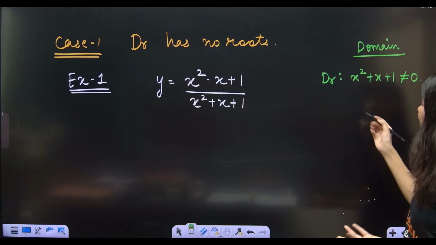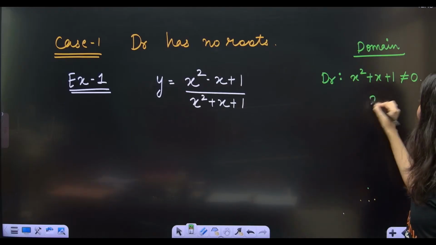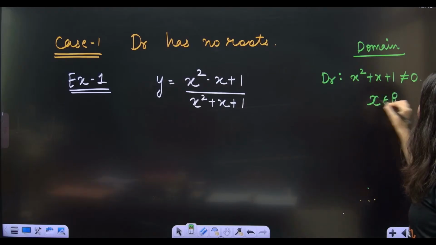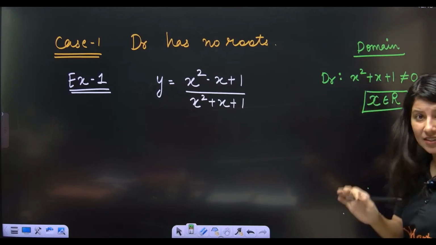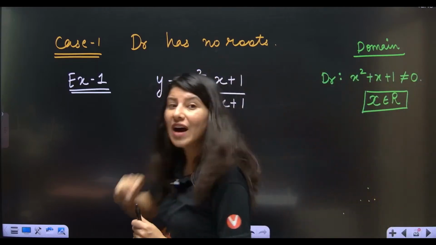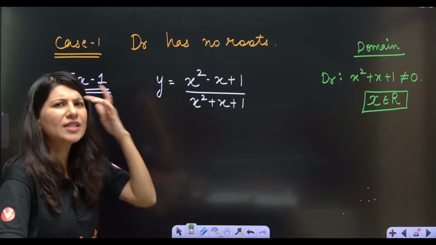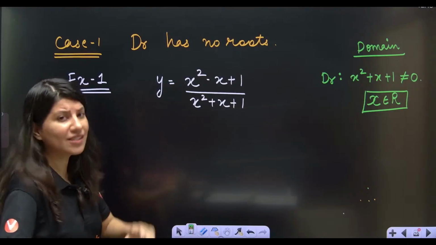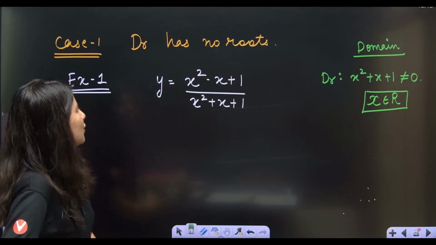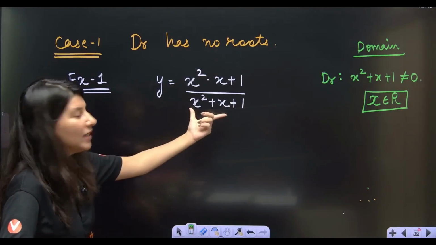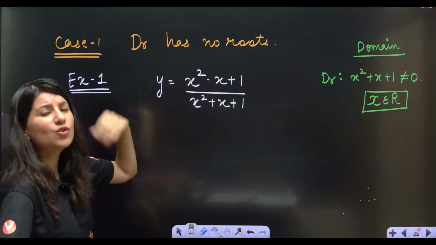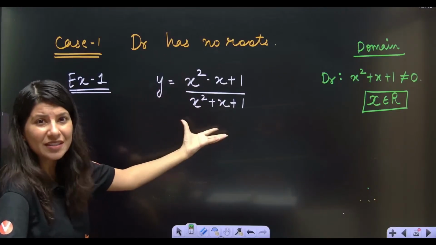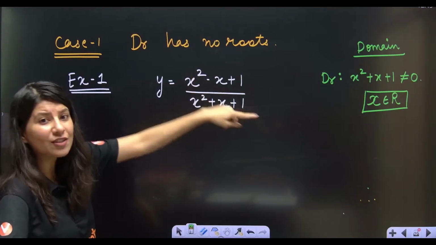So if I talk about domain, I am not able to find any x for which this y is not defined. What is domain? Domain is all the values of x for which y is defined, right? Because there is no square root, no logarithm, no complication in this function, the only thing is the denominator, which should not be 0.